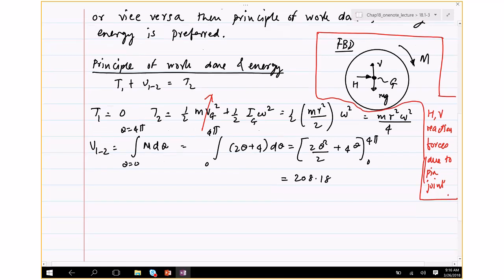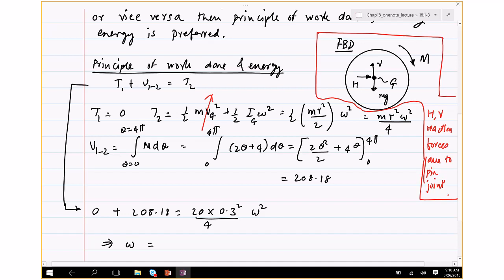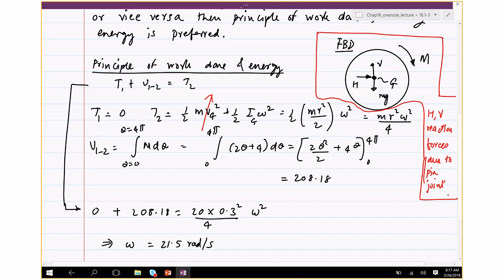Now from the equation, T1 is 0, U12 is 208.18, equals T2, which is mass 20 kg, R which is 0.3 squared, divided by 4 times omega squared. If you solve this for omega, you get 21.5 radians per second.